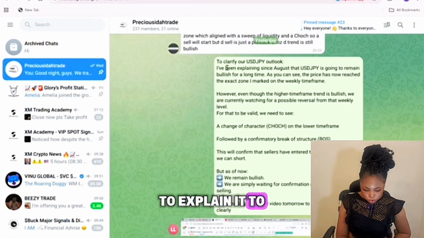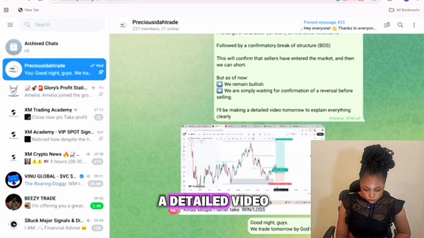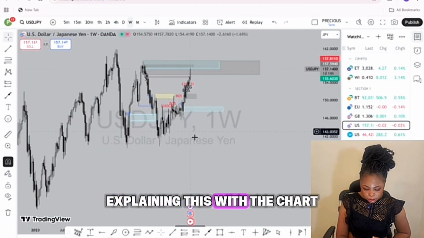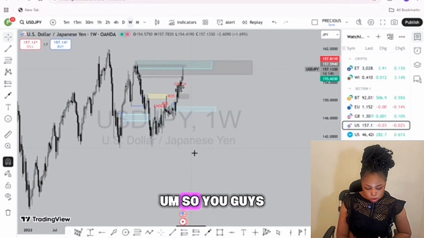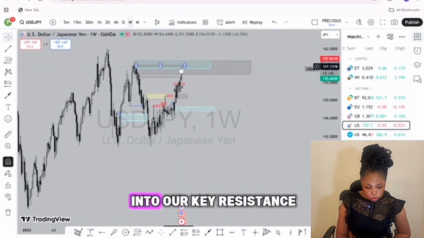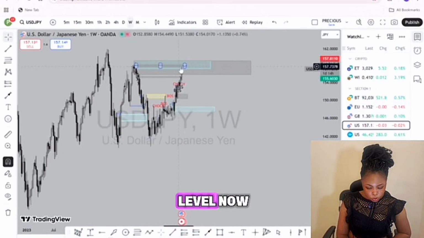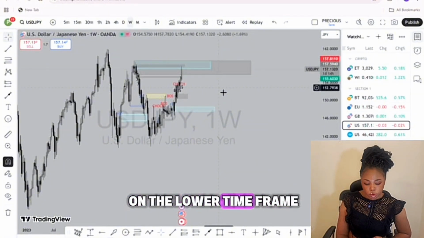Then I said, okay, why not make a detailed video explaining this with the chart so you guys can properly understand me. So you guys know we have this breakout structure here, and price has got into our key resistance level now. So what do we do? We wait for confirmation on the lower time frame.